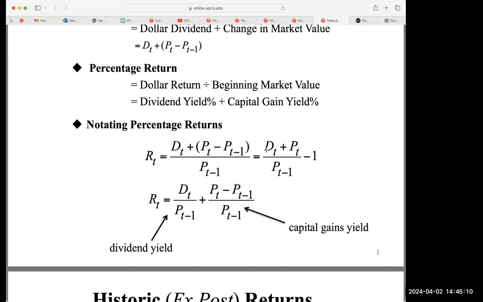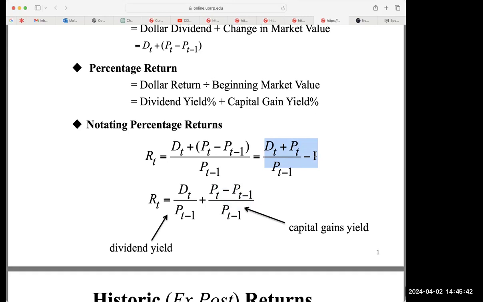Another way we could represent the return is to separate it. Often we talk about rates, how we do the minus 1, right? When we do interest rate conversions, we try to find the percentage return, the interest rate for every dollar invested.